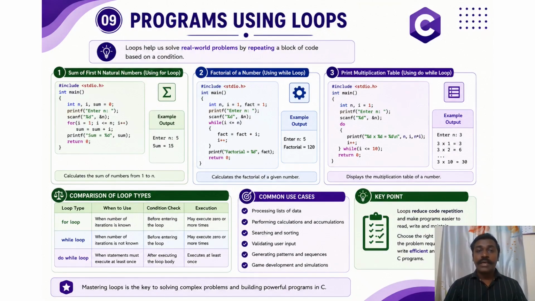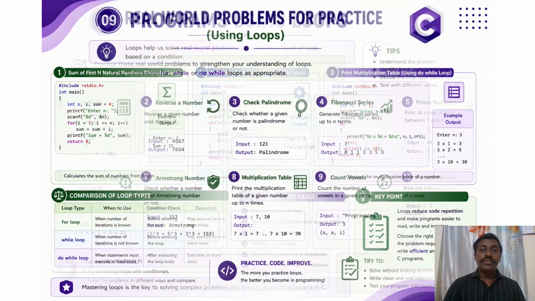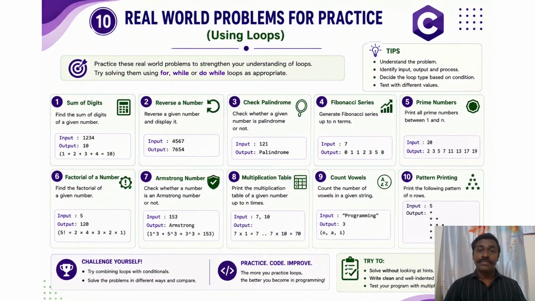So now let's move on to real world problems for our practice. You can practice finding the sum of digits of a given number, reversing a number, and checking whether a number is a palindrome or not. You can generate a Fibonacci series.